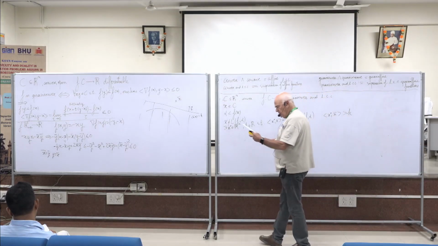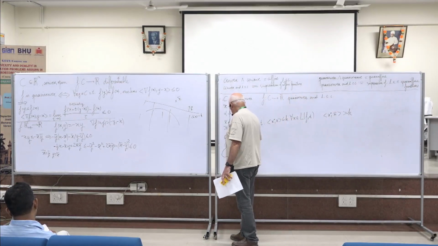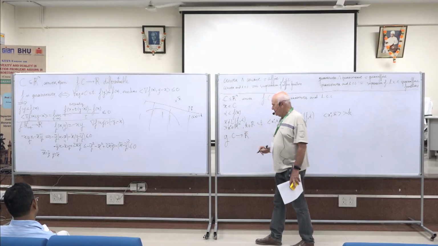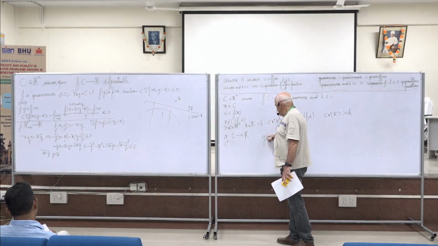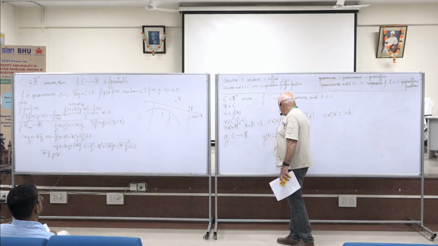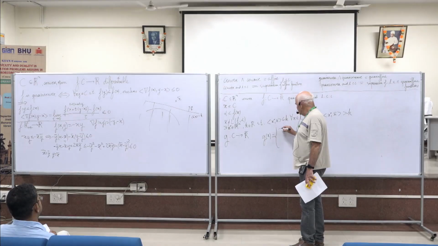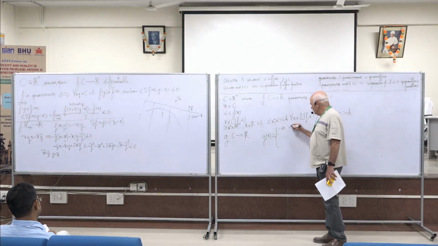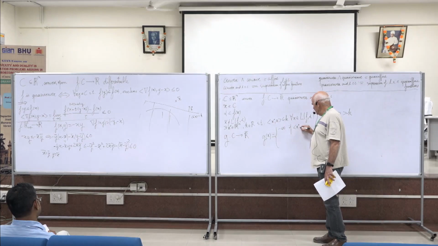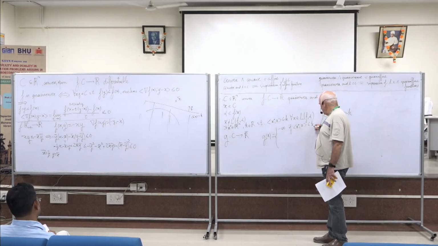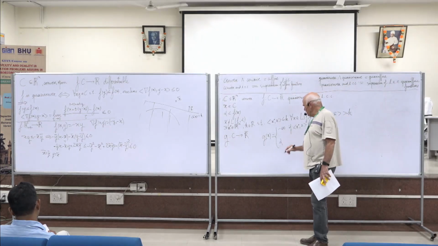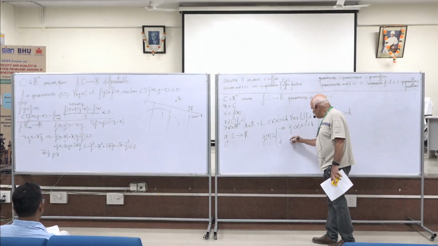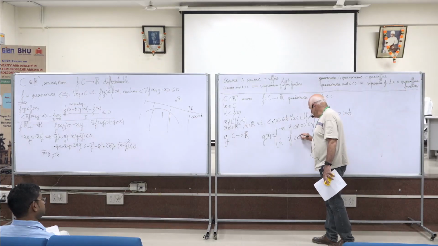Let's call G the function from C into the extended reals, defined by G of x equal to minus infinity on this half space, and G of x equals alpha on the complement of that half space.